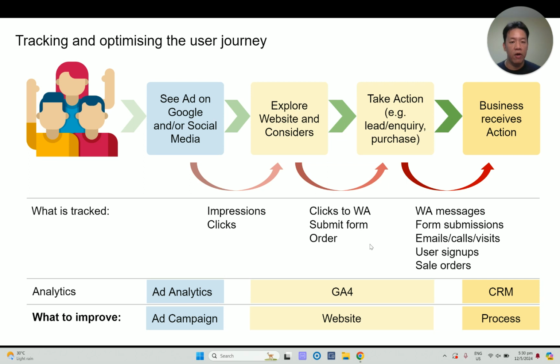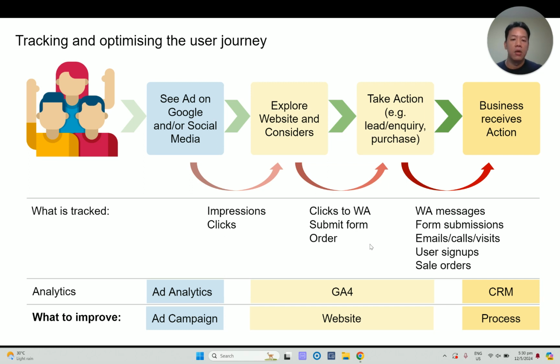Then you have to look at what the obstacles or friction points on your website are that you can remove to make it a more frictionless experience for your site visitors to take action once they land on your website.